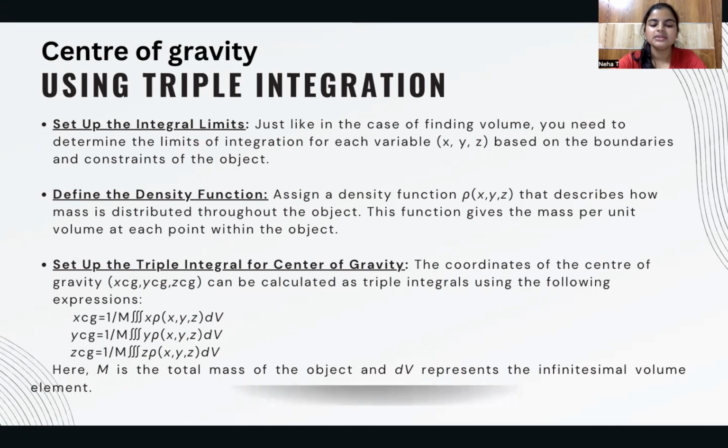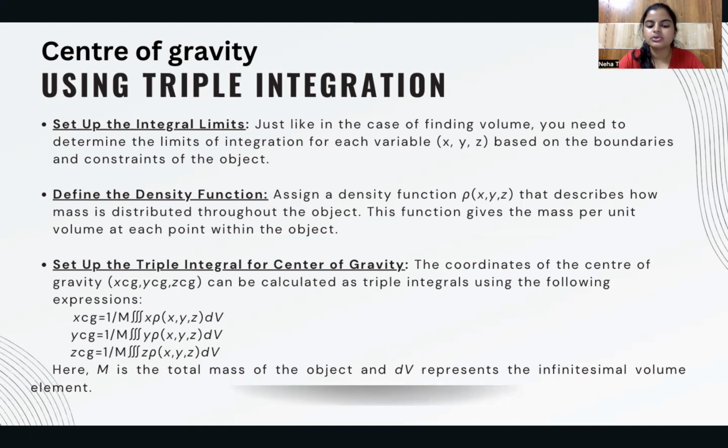The next step is to set up the triple integral for center of gravity. The coordinates of the center of gravity, x_cg, y_cg, z_cg, where cg stands for center of gravity, can be calculated as triple integrals. x_cg equals 1 by m times the triple integral of x times rho of x, y, z dV. Similarly, y_cg equals 1 by m times the triple integral of y times rho of x, y, z dV, and z_cg equals 1 by m times the triple integral of z times rho of x, y, z dV.